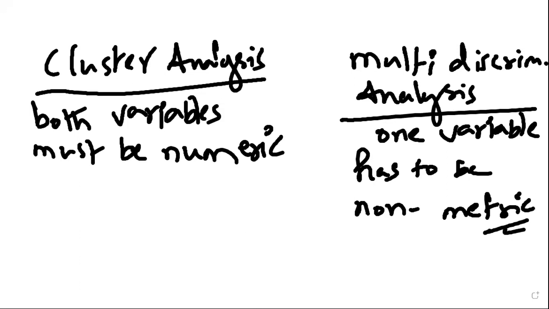Otherwise, there is not much difference between cluster analysis and multidiscriminant analysis. One variable is compulsorily non-metric. Are you getting this? While here in cluster analysis, both variables have to be compulsorily numeric. That is the main difference between cluster and multidiscriminant analysis.